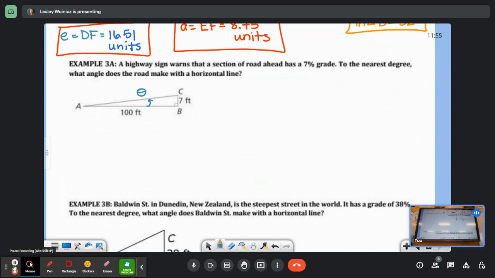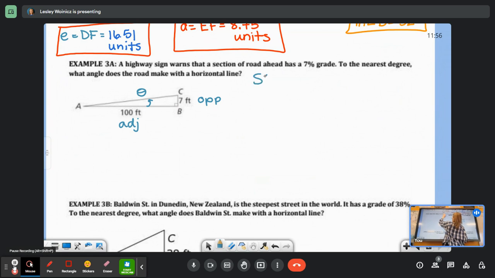Okay, so with respect to angle theta, what is the 7 feet? I'm looking for opposite or adjacent? Opposite. And what is the 100 feet? It is the adjacent. Okay, so which of our trig functions uses the opposite and adjacent?